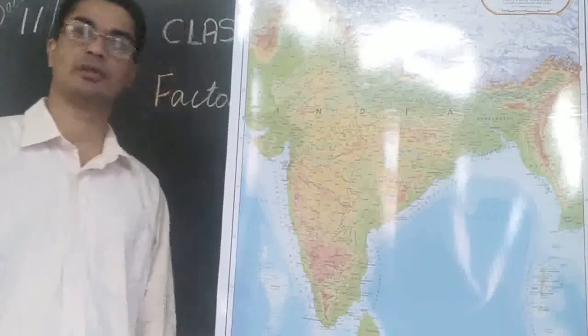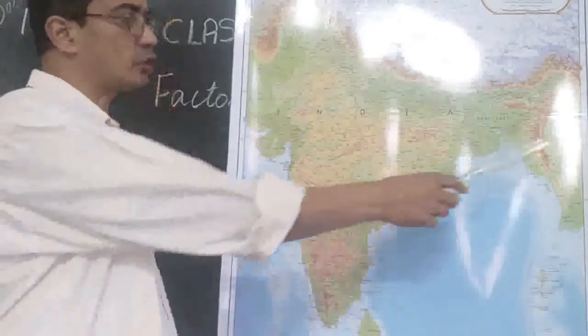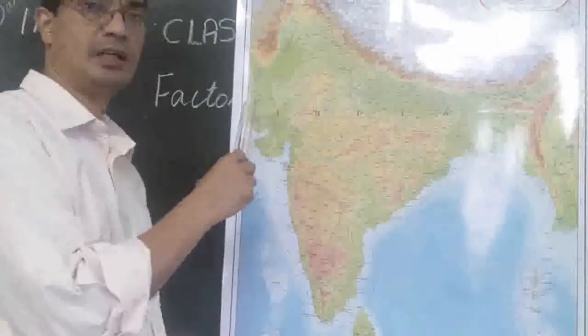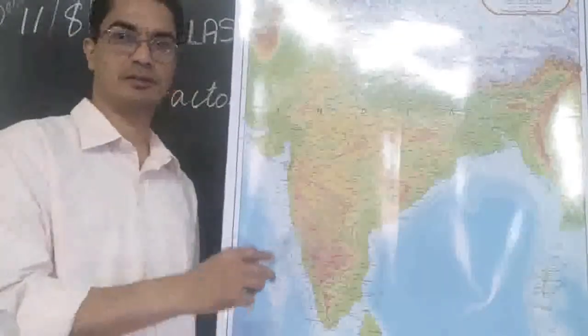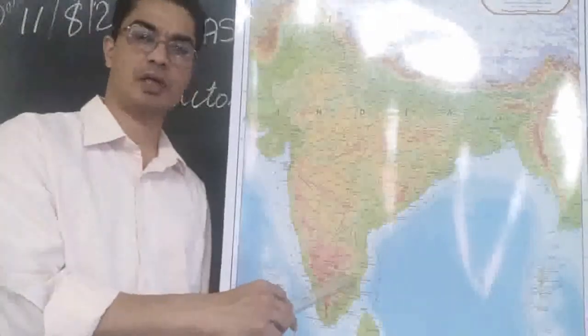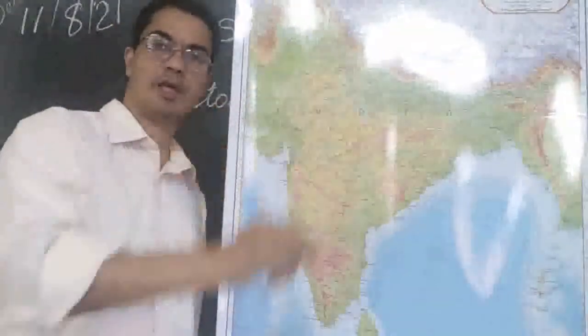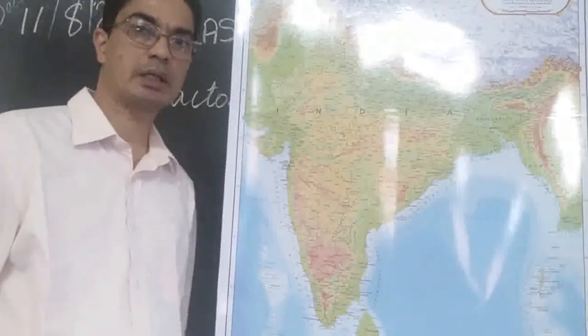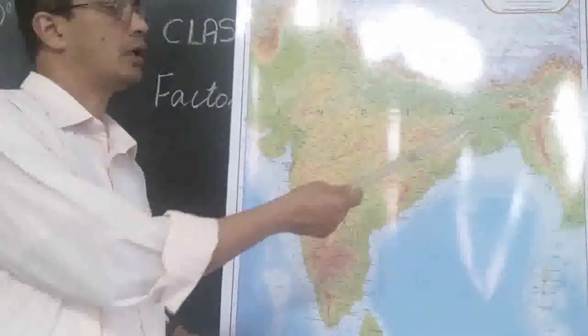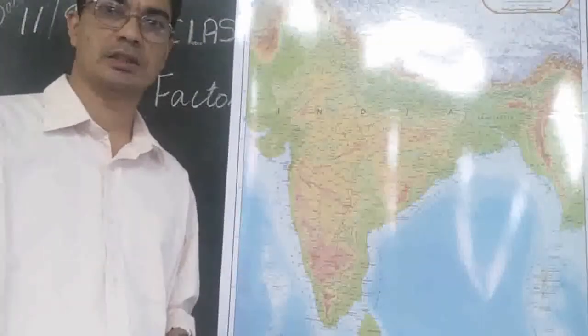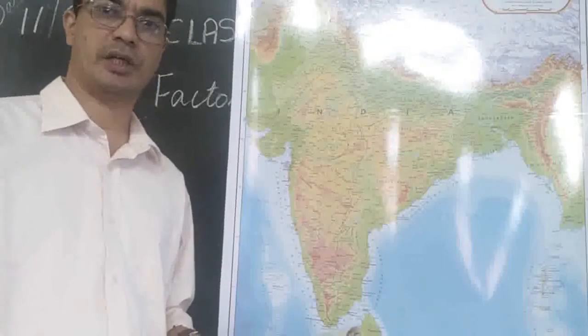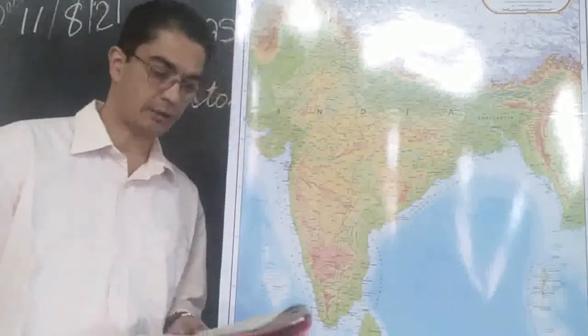I hope you understood. So it is the Tropic of Cancer that is dividing India almost into two halves. So below the Tropic of Cancer we have tropical climate, and above the Tropic of Cancer we have subtropical climate. So the latitude is changing the climate of a country, affecting the climate of a country.